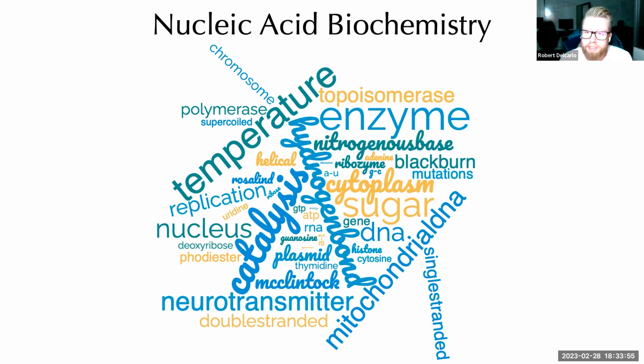There's some big names on this word cloud as well. Rosalind Franklin, Elizabeth Blackburn, Barbara McClintock. We've got quite a lot of large shoulders that we stand on. Enzymes, nitrogenous bases, we'll talk about a lot of these different things. And so hopefully this will get us focused for the lecture.